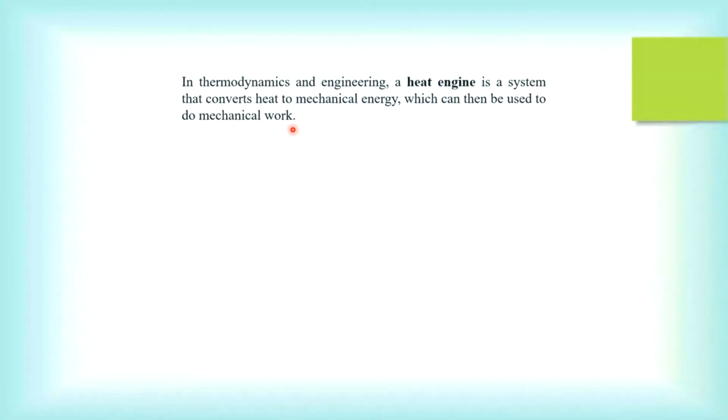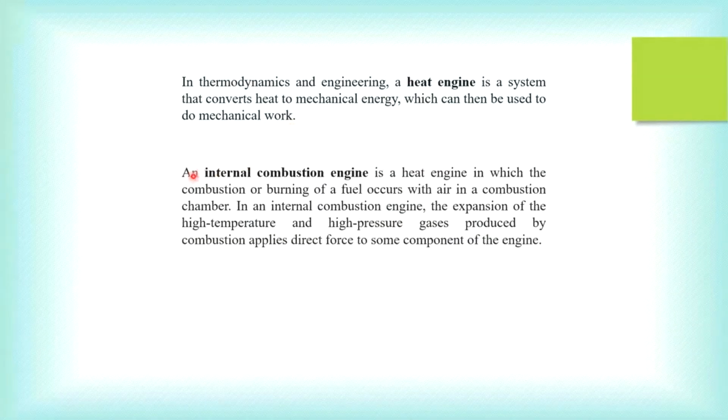In certain heat engines, an internal combustion engine, which is what this chapter, the gas turbine engine, is also known as, is a heat engine in which the combustion or burning of the fuel occurs with air in a combustion chamber.